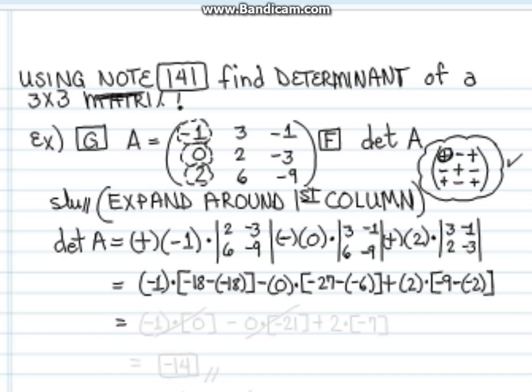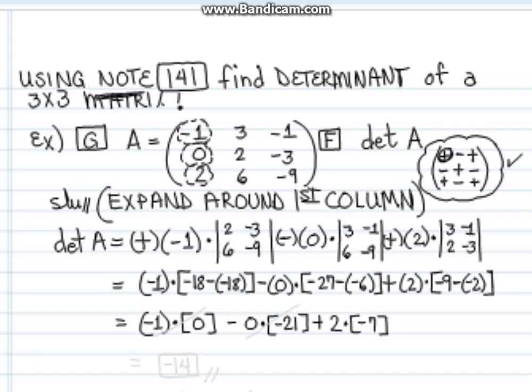Let's continue here. That's a negative sign, a -1, times -18 minus a -18, that's 0, minus 0 times -27 plus 6 is -21, plus 2 times negative 9 minus a minus is plus 3 is negative 7.